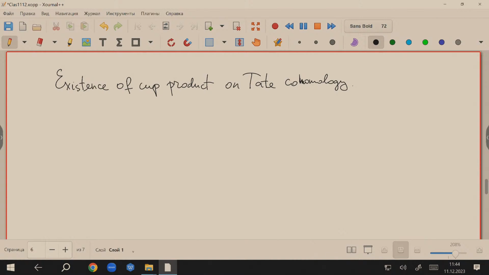Of course it comes from the natural cup product. Now, for Tate cohomology, you have positive and negative indices, and I'm writing them upstairs. So the product is the following.